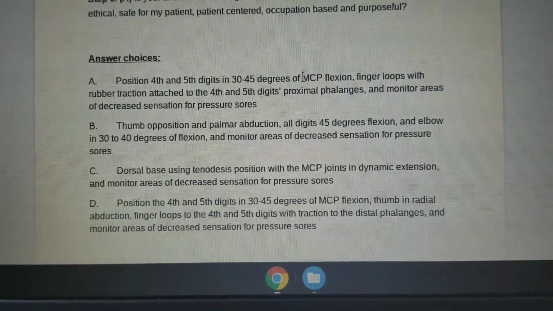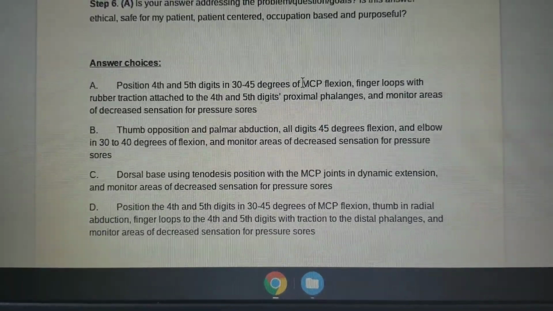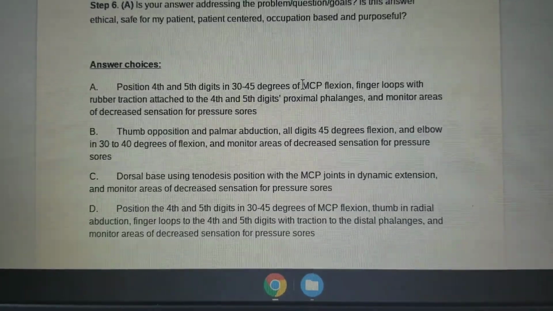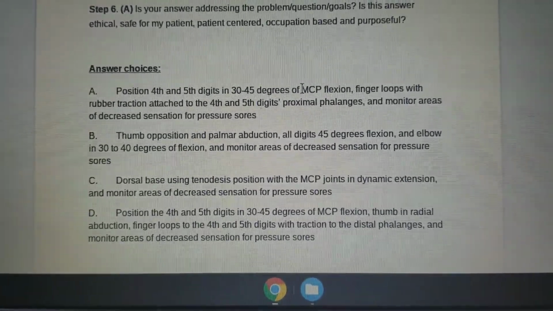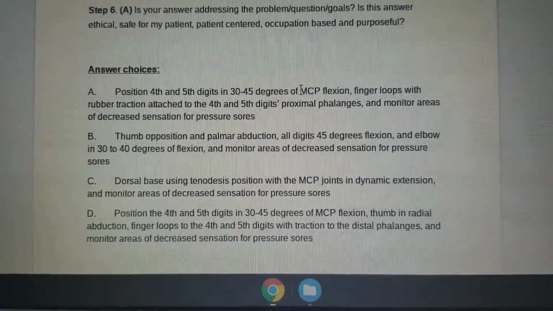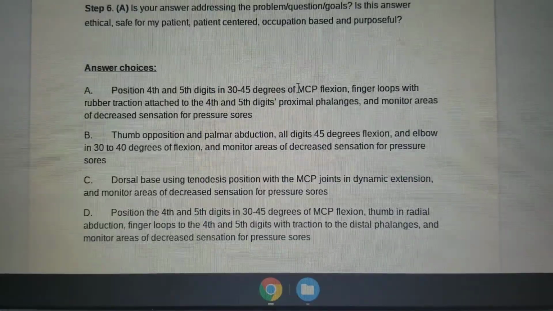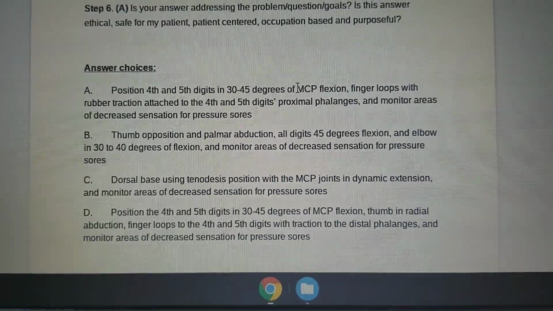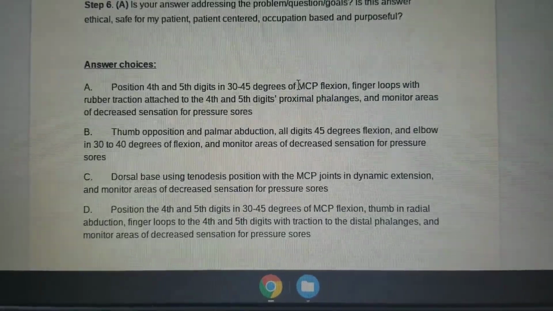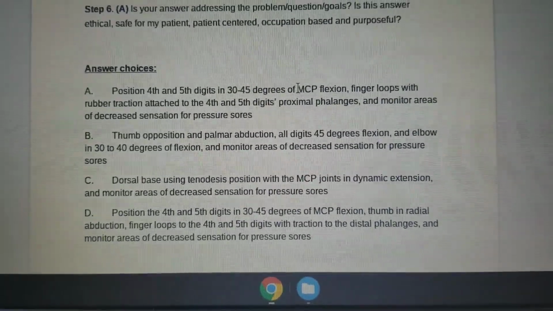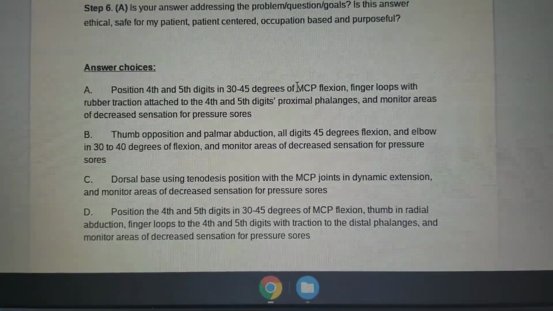A, position 4th and 5th digits in 30 to 45 degrees of MCP flexion, finger loops with rubber traction attached to the 4th and 5th digits, proximal phalanges, and monitor areas of decreased sensation for pressure sores. B, thumb opposition and palmar abduction, all digits 45 degrees flexion, and elbow in 30 to 40 degrees of flexion, and monitor areas of decreased sensation for pressure sores.